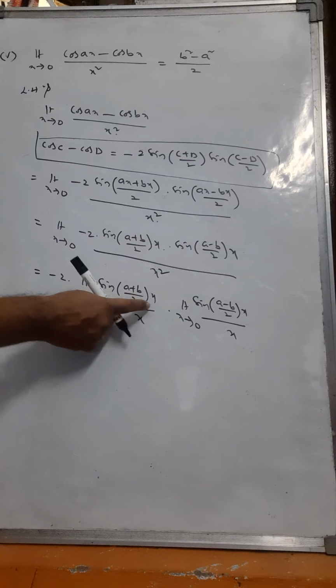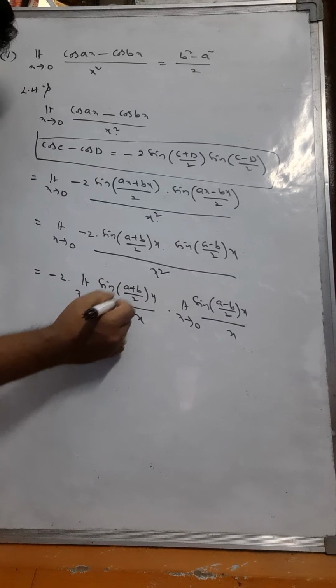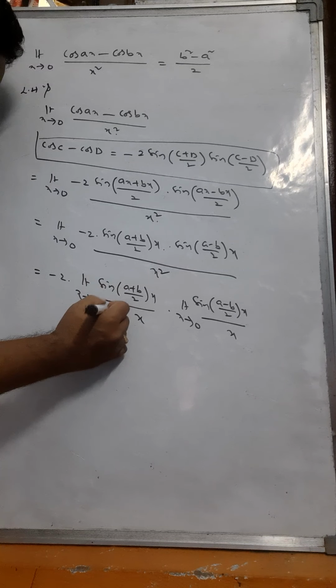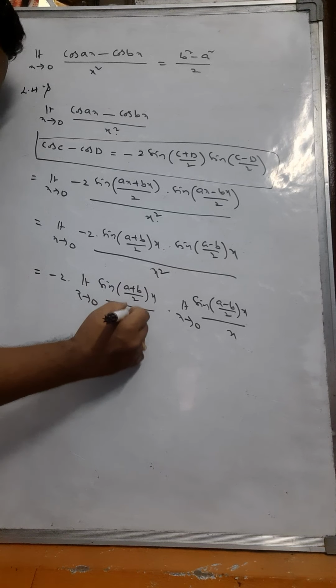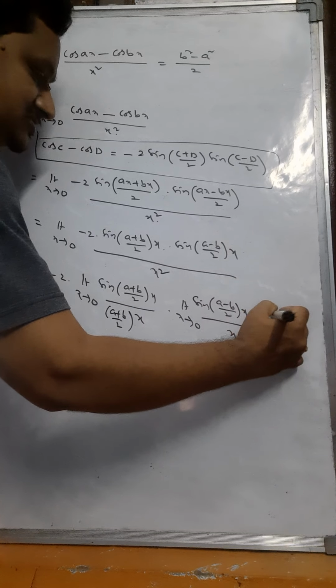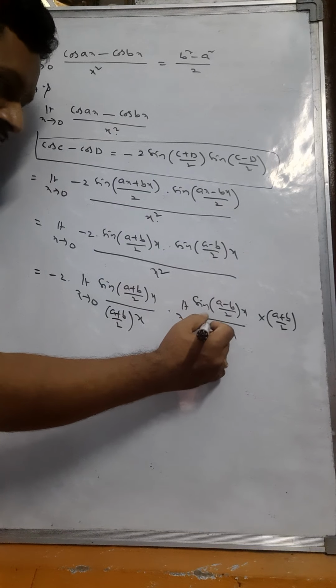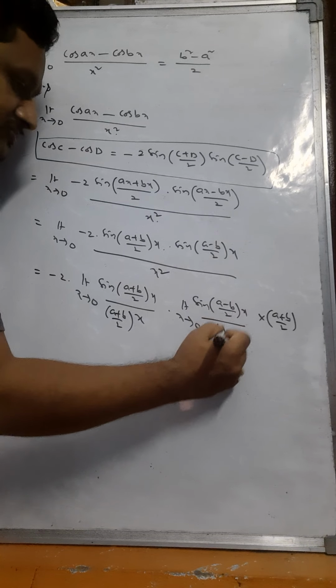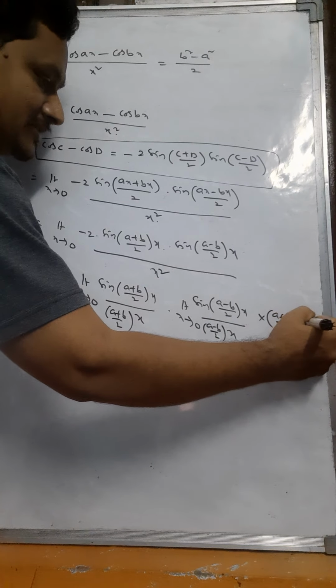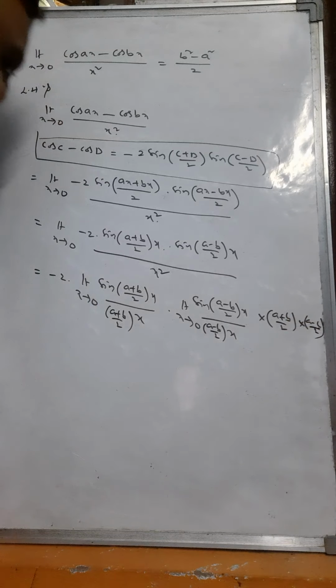So what is the multiple of x? It is nothing but (a+b)/2. So multiply with (a+b)/2 and divide with (a+b)/2; here also multiply and divide with (a-b)/2.